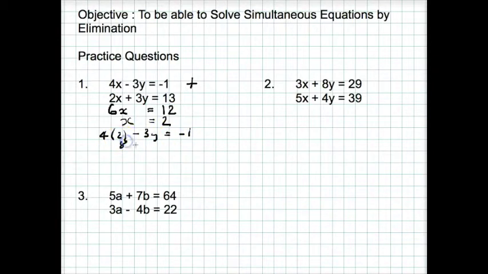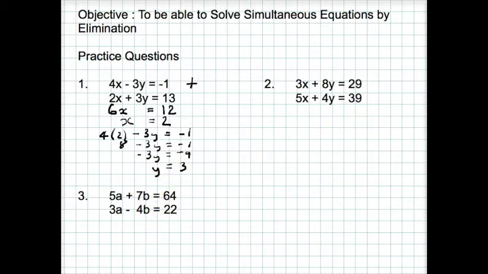Well, 4 2's are 8, so 8 take away 3y equals minus 1. Then take the 8 away from both sides, so you're left with minus 3y equals minus 9. If I then divide both sides by minus 3, I'm going to be left with y equals 3, because minus 9 divided by minus 3 is a negative divided by a negative, which gives a positive answer.